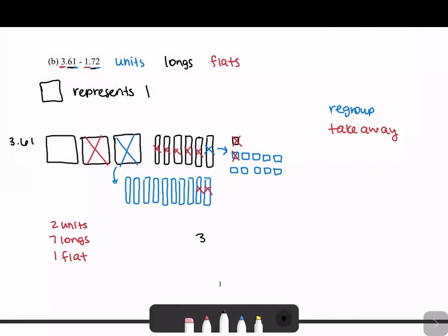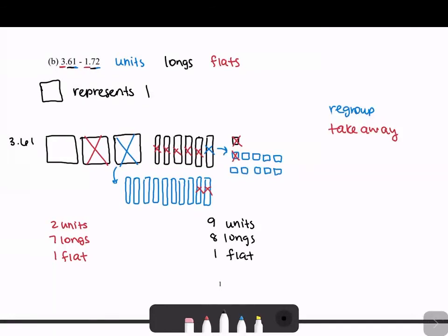Well, what do we have left? We have 1, 2, 3, 4, 5, 6, 7, 8, 9 units left, we have 1, 2, 3, 4, 5, 6, 7, 8 longs left, and we only have 1 flat left.